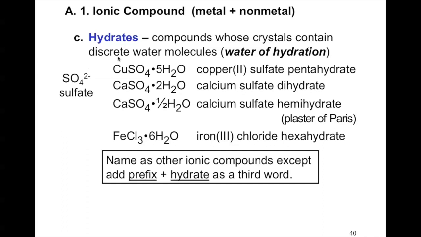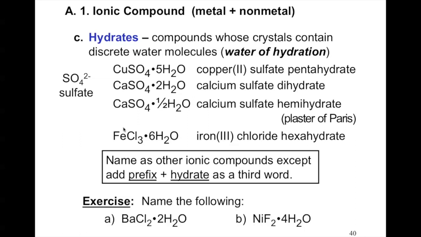At that temperature, you drive off most of the water, and what's remaining behind is this plaster of Paris. It's a calcium sulfate hemihydrate, hemi meaning half. And so they were able to take this plaster of Paris, mix it with just the right quantity of water, some gravel, sometimes sand, a little bit of lime, which is calcium carbonate, to make gypsum mortar.